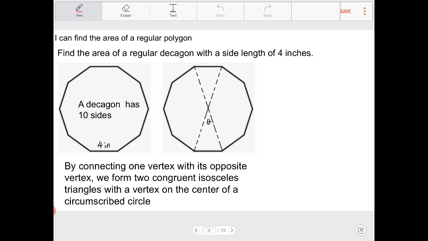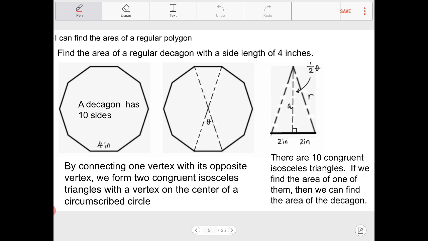By connecting one vertex with the opposite vertex, we form two congruent isosceles triangles. And we need to find the area of that. Well, I don't know how to find the area of an isosceles triangle, but I do know how to find the area of a right triangle, and that's the approach we're going to take. We're calling this angle theta, so this is going to be half theta.